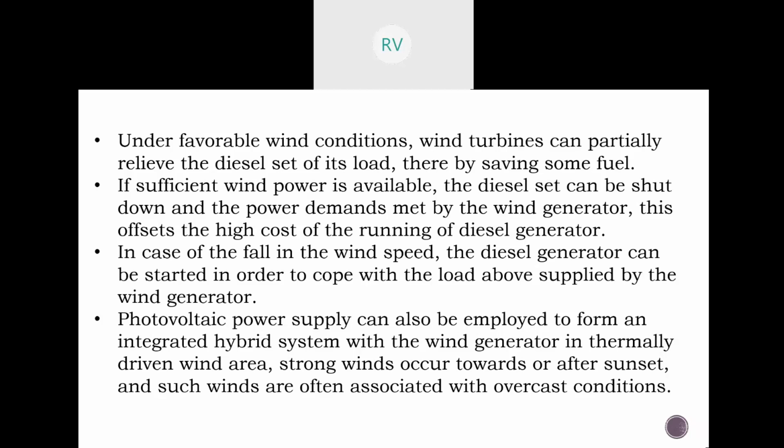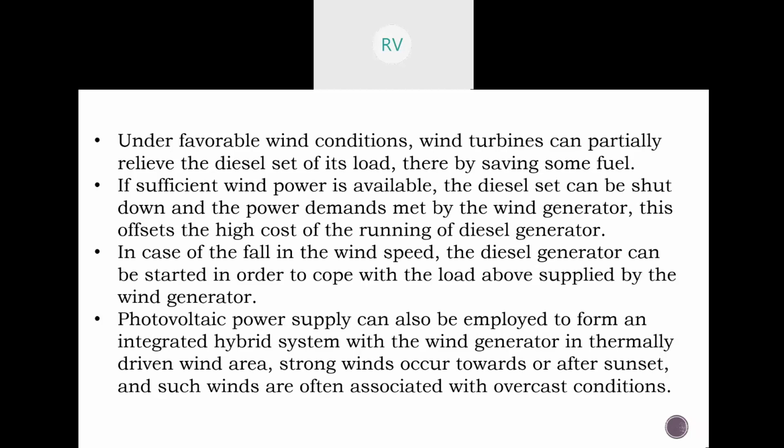In case of a fall in the wind speed, the diesel generator can be started in order to cope with the load not supplied by the wind generator. If the wind speed is less, then the diesel generator will be started, and whatever load was being supported by the wind generation in the previous case will be supported by the diesel generator here.